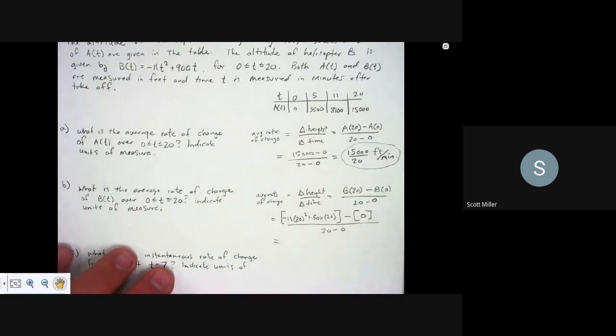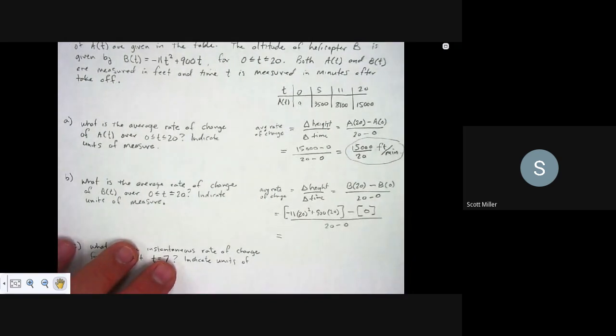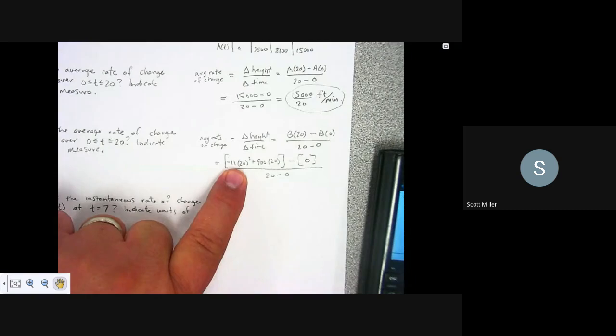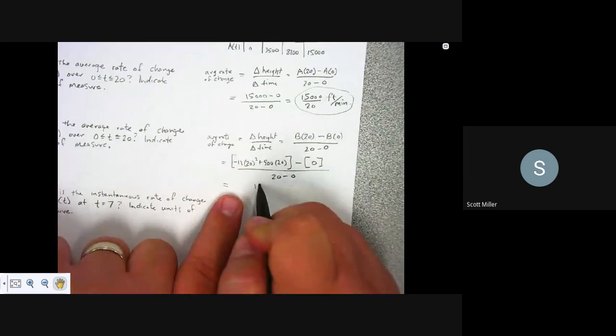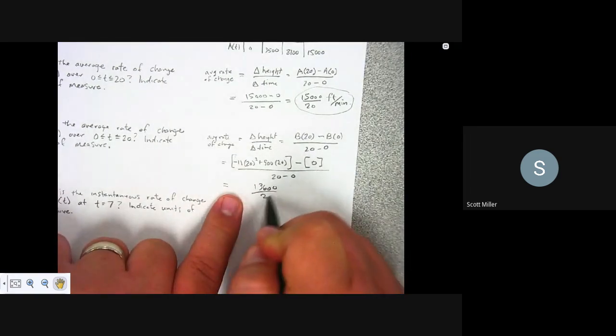Again, my calculator turned off here, so see if I get it going real quick. And so I can type this in right here, get a value. So I got negative 11 times 20 squared plus 900 times 20. And I'm going to get 13600 divided by 20.